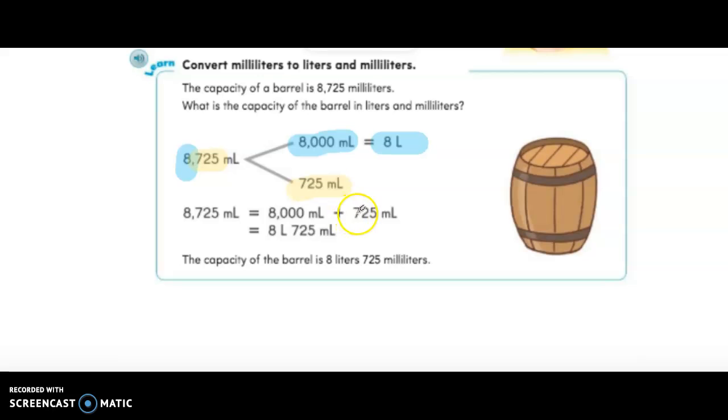And then we rewrite, and then we add them together to get our final answer of 8 liters and 725 milliliters. So that is these two numbers coming together to get that final answer of the capacity being 8 liters, 725 milliliters.